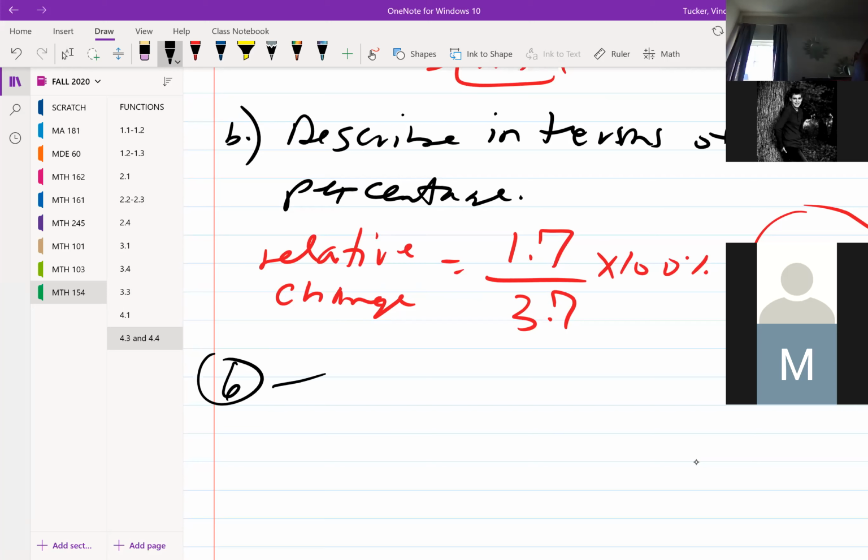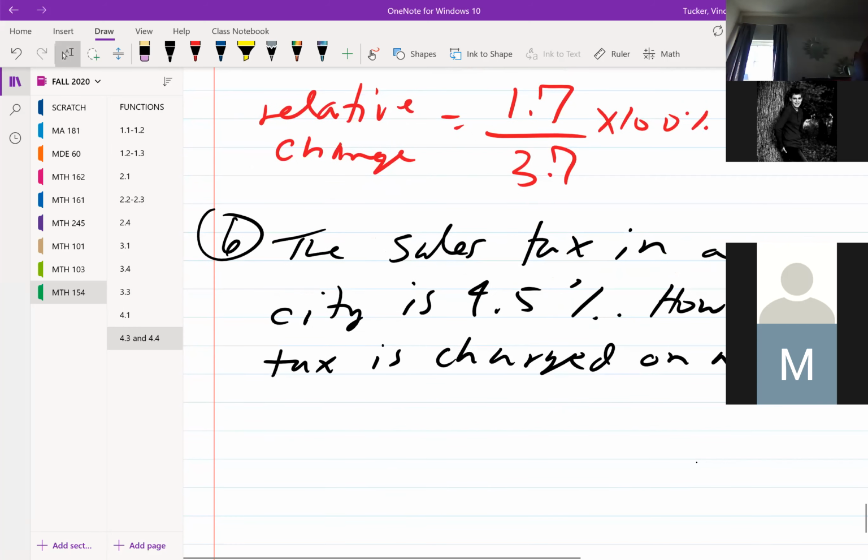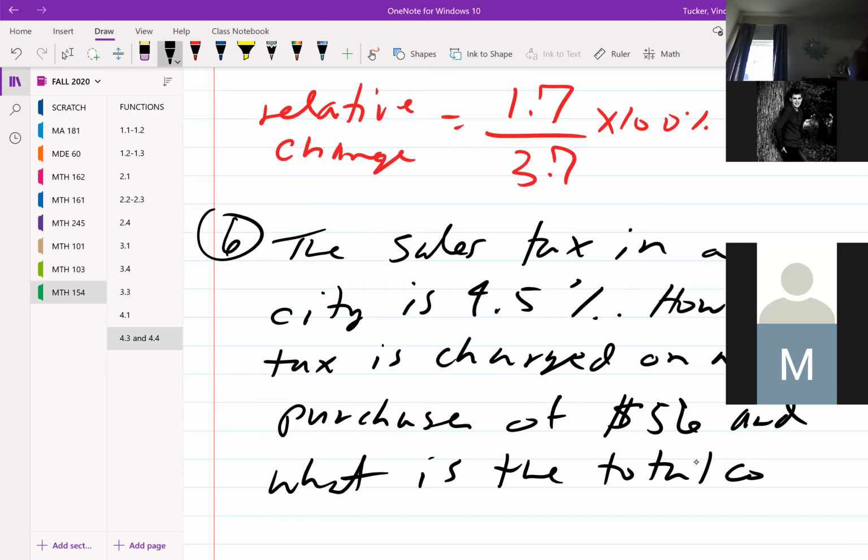All right, the sales tax. $56. All right, we have the sales tax in a city is 4.5%.